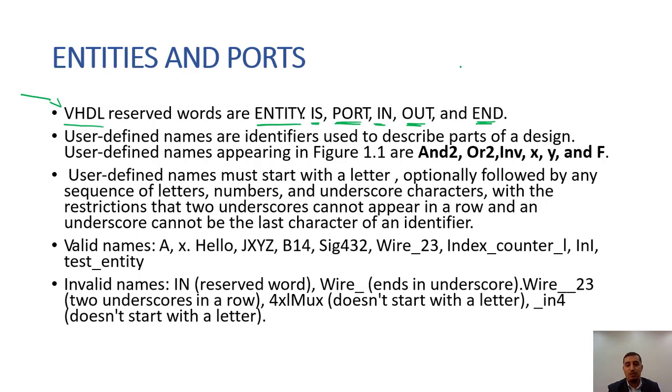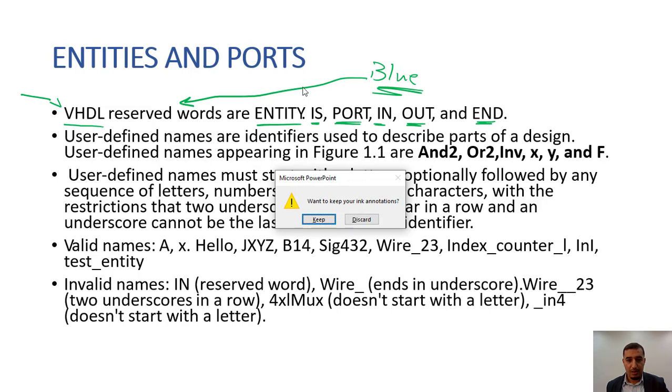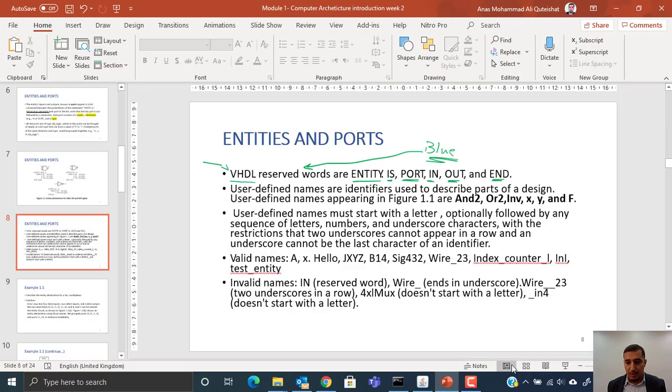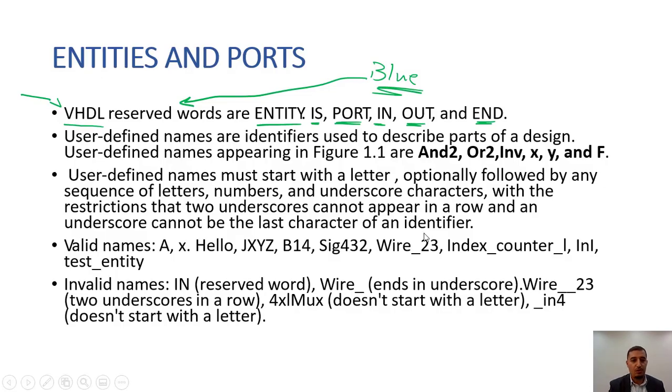A simple rule: if you are typing and the word appears in blue, then it's a reserved word and you cannot use it as a name. I will open the program and show you in the second part.